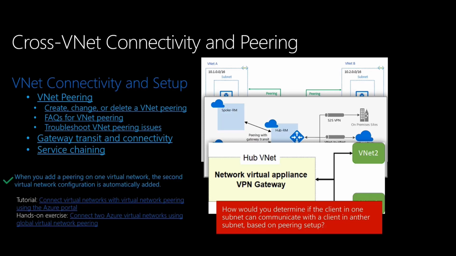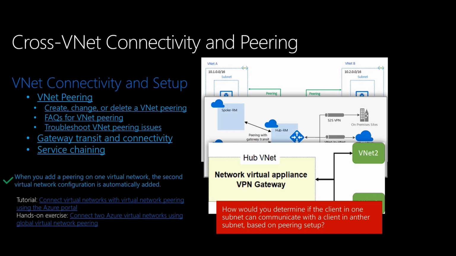The last concept is service chaining. That's the last bullet point that we have on the slide there. Service chaining enables you to direct traffic from one virtual network to a virtual appliance or gateway in a peered network through custom or user-defined routes.